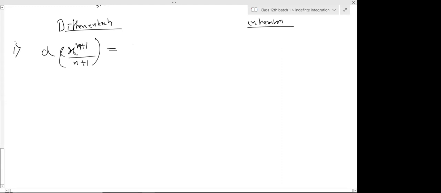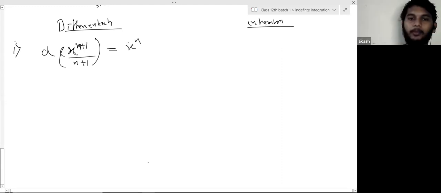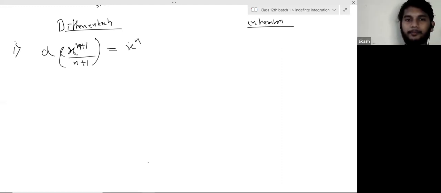X raised to the power n. Absolutely right. Who could not differentiate this? Power comes before, then power minus 1. So n plus 1 and n plus 1 will cancel. X raised to the power n remains.